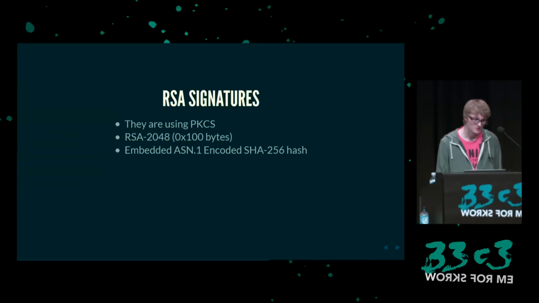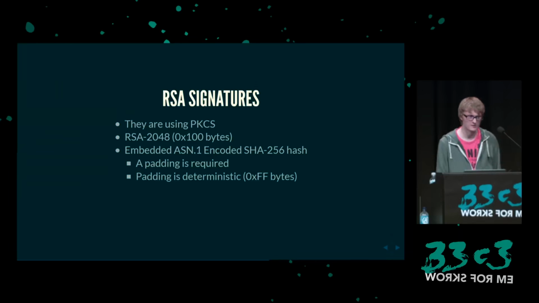Since the SHA-2 hash is only 20 hex bytes in size, you have some remaining space in the signature that you have to fill. PKCS says you need padding, and this padding should be deterministic. It should only contain FF bytes. So when you're trying to forge signatures, it's really difficult because of this padding that is really long.